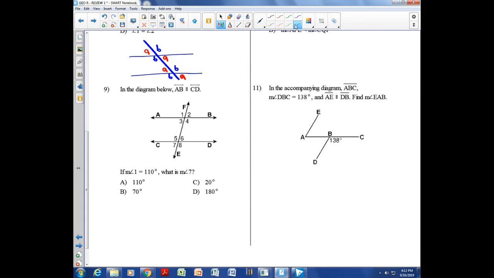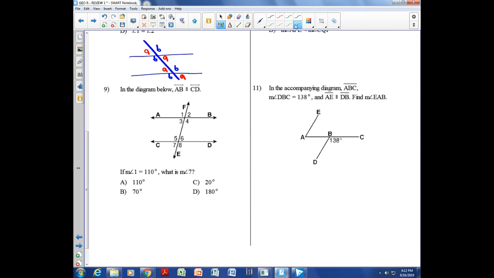We'll set them equal to each other. If you have two angles that are in the B position, they're also equal to each other. But if you have an A and a B, for whatever reason, they're going to be supplementary. We're going to add them to each other and set it equal to 180.